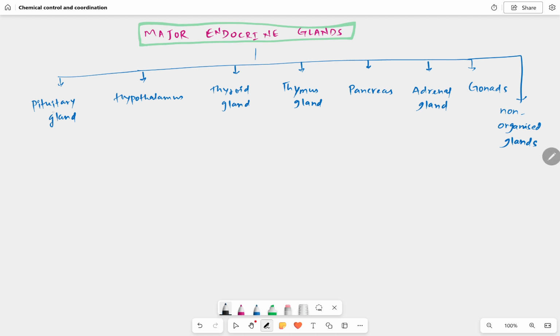So the pituitary gland is also called the master gland. Why is it called the master gland? Because its secretion controls other glands.